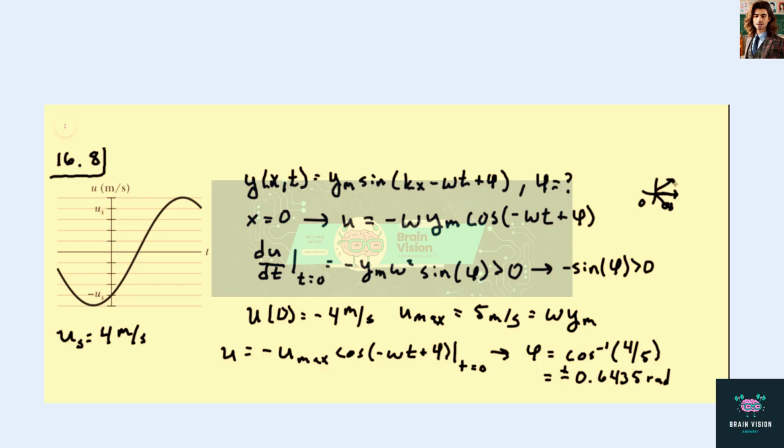And so we have 2 possible angles here, and it has to be this one because it has to be in either the third or the fourth quadrant, and so a negative angle that's less than pi radians will be in the third or fourth quadrants. So we end up with the phase is -0.06435 radians.